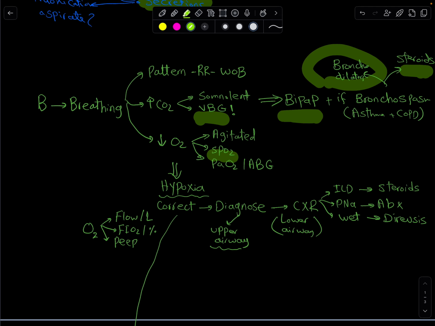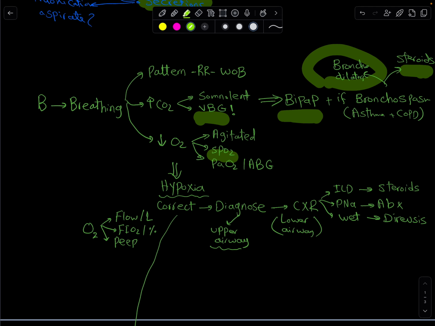So you're gonna get the chest X-ray. If they have a history of autoimmune disease, radiation, any occupational disease, they might have interstitial lung disease. In that case, they will need steroids. If you are seeing consolidation or any signs of clinical pneumonia or clinical infection, then start antibiotics.